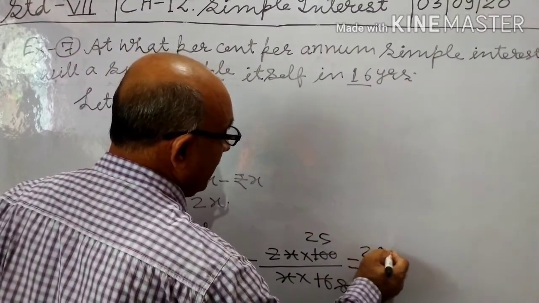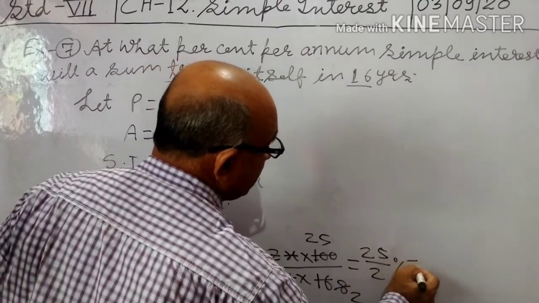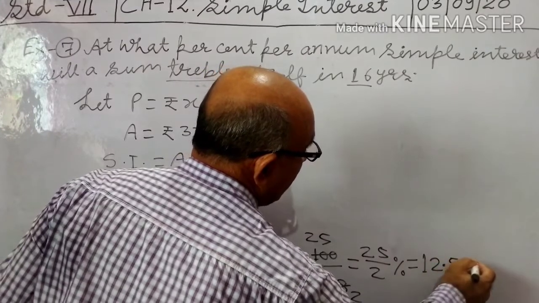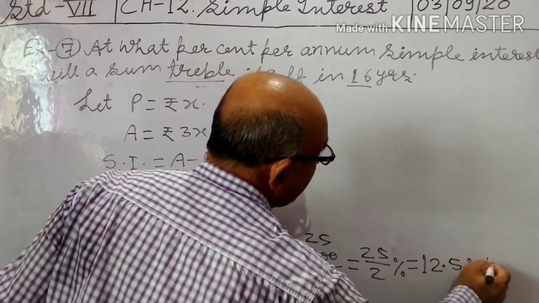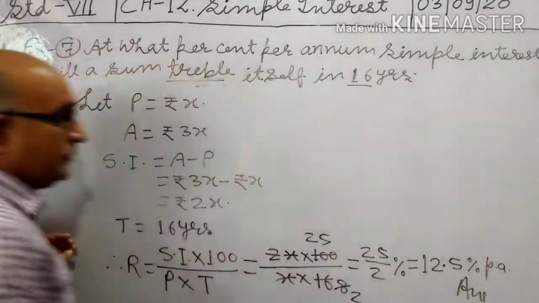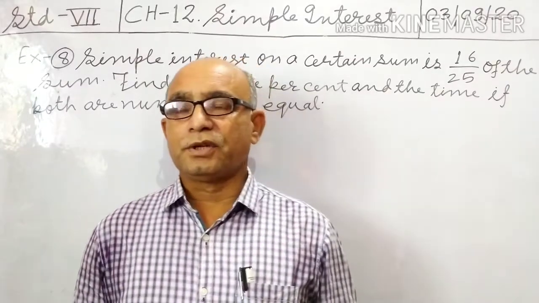So 25 by 2%, that means 12.5% per annum. Answer. Understand and write it.